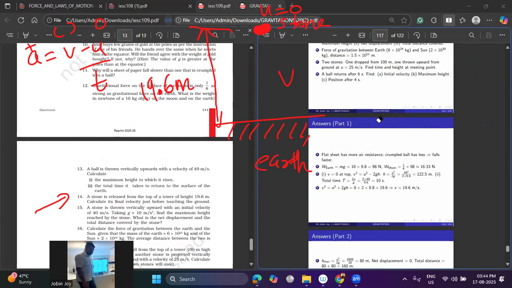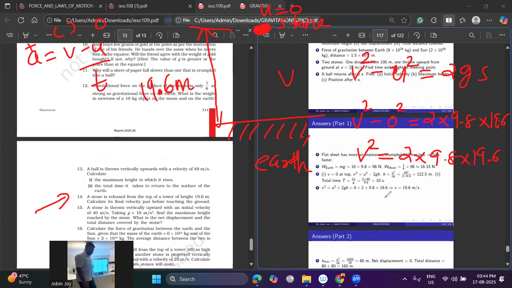So we can use the third equation. The third equation is v square minus u square is equal to 2gs. So v square minus 0 square is equal to 2 into 9.8 into s. s means this distance, this height. This height is 19.6. So v square is equal to 2 into 9.8 into 19.6. So v is equal to square root of 2 into 9.8 into 19.6. Tell me what is the answer of v?